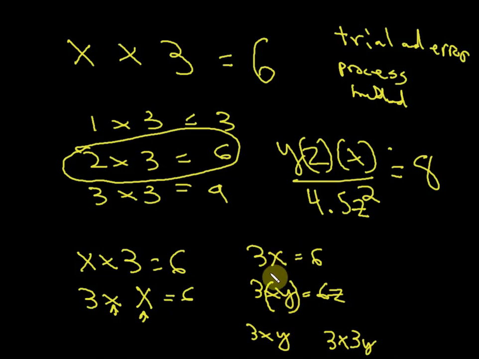But the key to the matter is we're trying to simplify how we show these multiplications. So again, let's go back to this. Let's now use a new notation. So rather than saying 3 times x equals 6, we're going to say 3x equals 6.